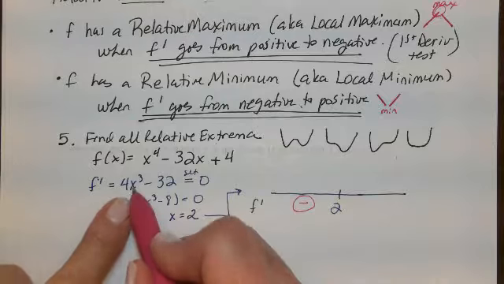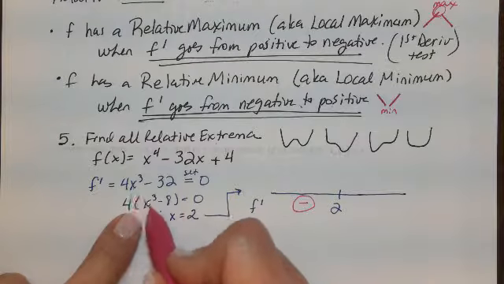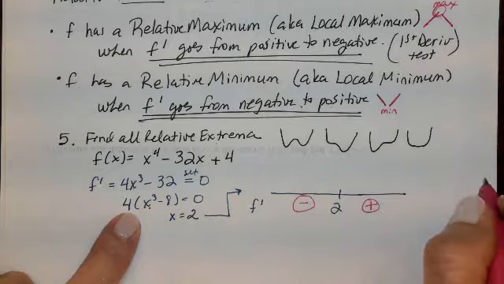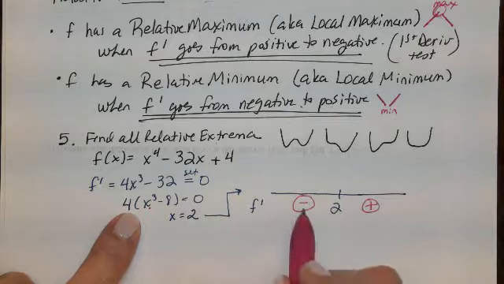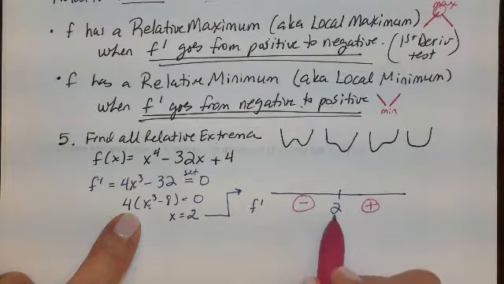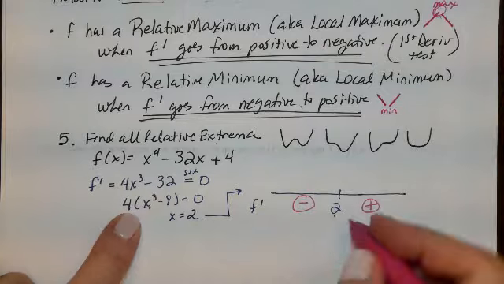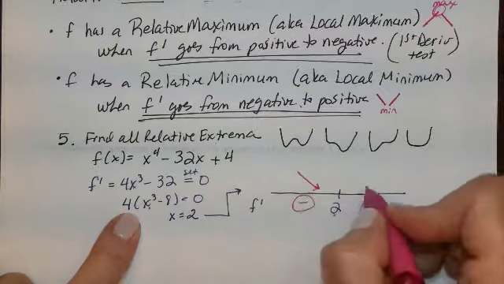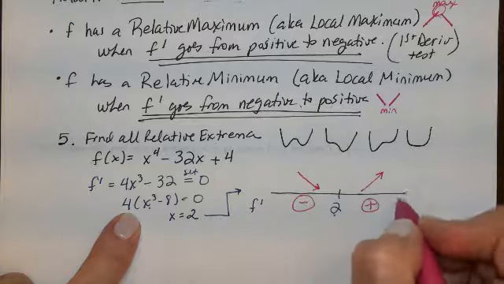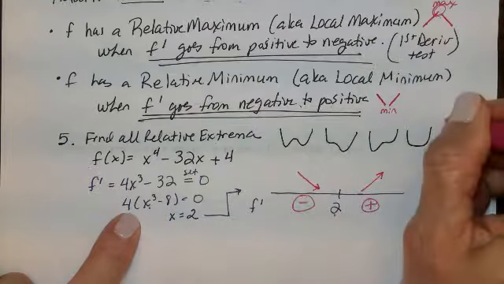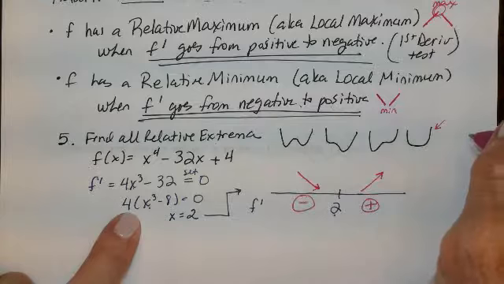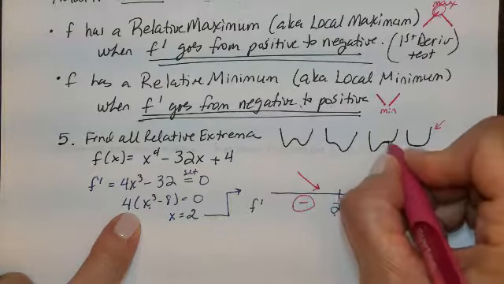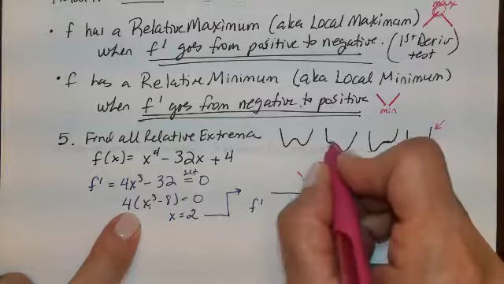If I put 1,000 in, whether I put it here or here, we're going to get a positive. So f prime went from negative to positive at x equals 2, didn't it? So we're decreasing till we get to 2, and then increasing afterwards. So it looks to me like we're looking at something like that shape, because there was no other flat spot, there was no other critical number, was there?